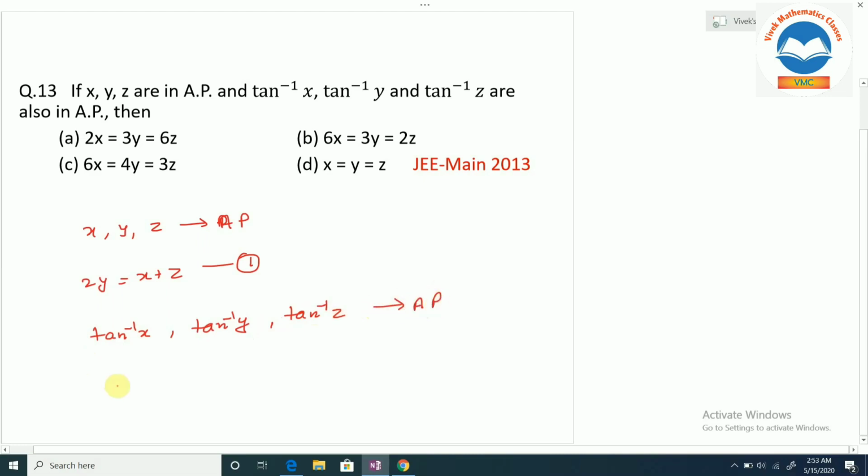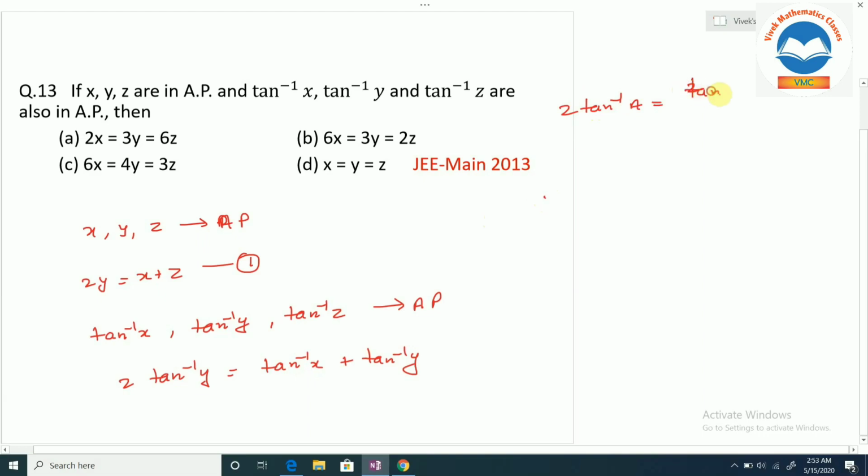So here also you can apply the same rule. 2 times the middle value, tan inverse y, will be equal to tan inverse of x plus tan inverse of z. Now we know the formula. 2 times tan inverse of a will be what?